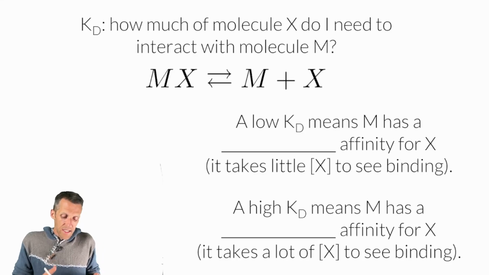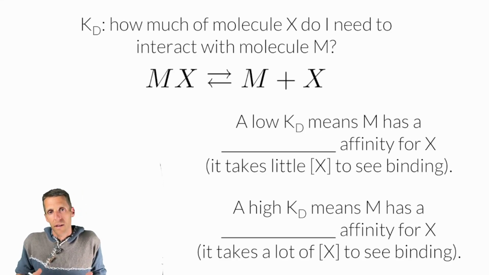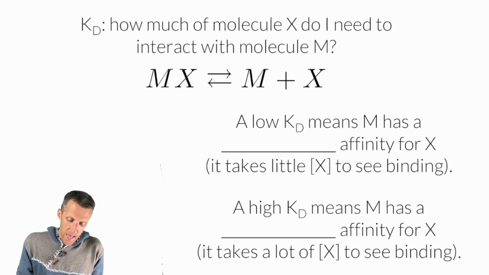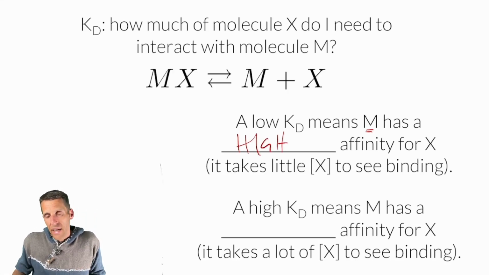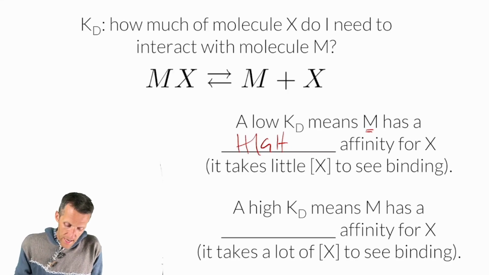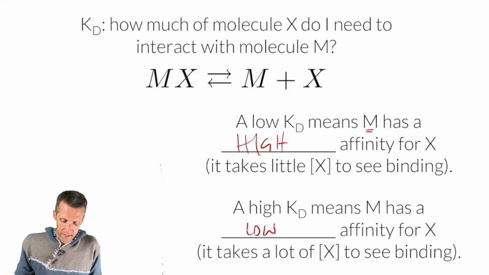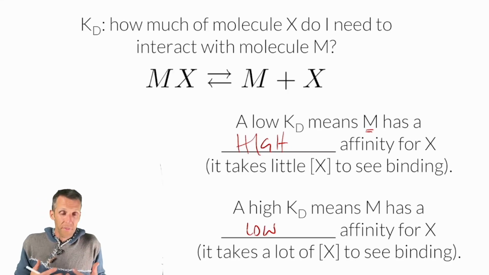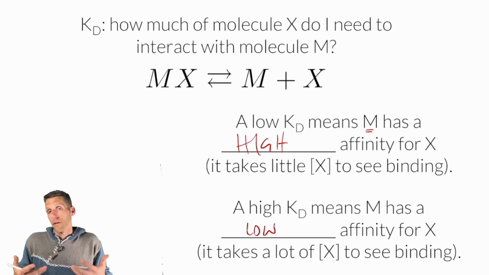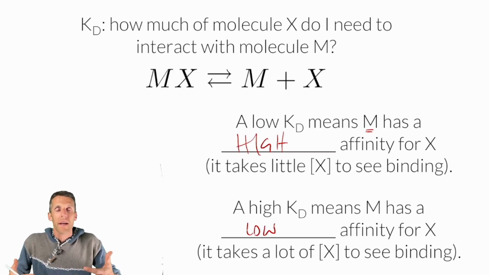The KD is how much of a molecule X I need to interact with a molecule M. A low KD means that M has a high affinity for X. It takes very little X to see binding. A high KD means that M has a low affinity for X. It takes a lot of X to see binding. So the KD is telling us about the affinity of the molecule. Does M want to bind to X or not?